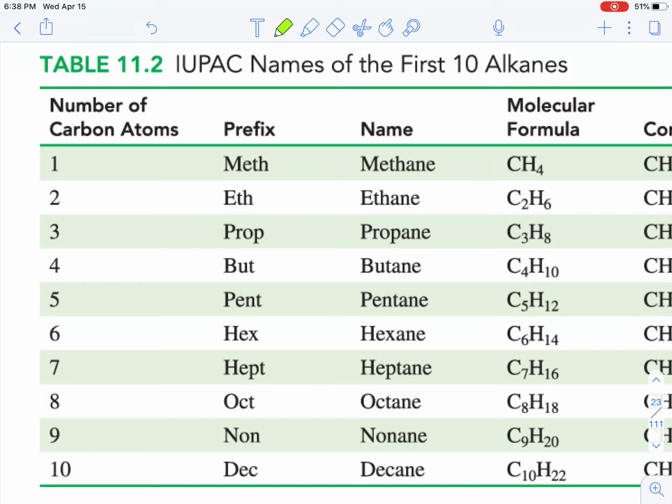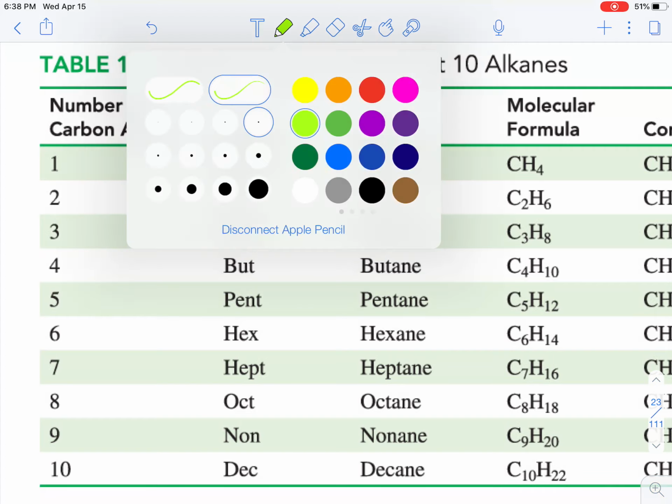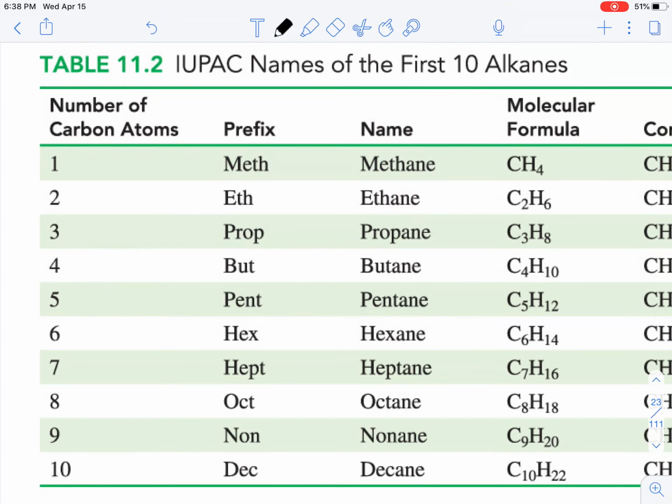So on the far left side of this table, 11.2, these numbers that you see here represent the number of carbon atoms inside the organic compound. And so, for example, if you only have one carbon, the only example of a saturated alkane with one carbon is CH4.